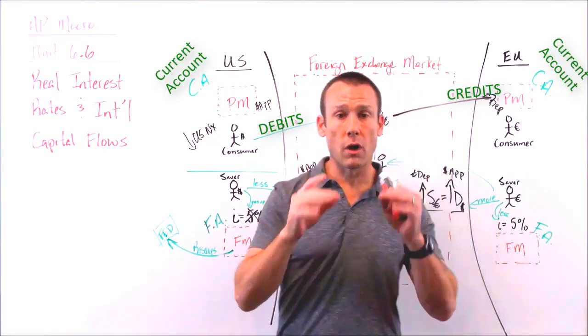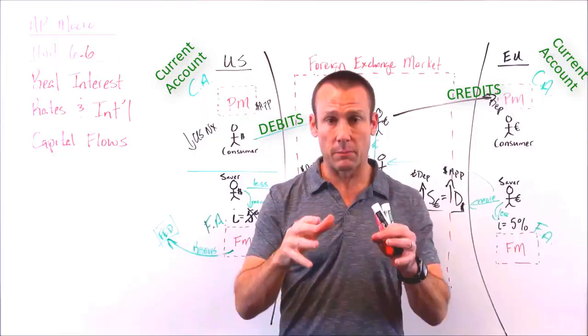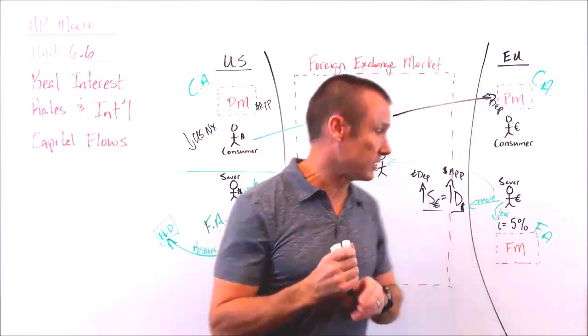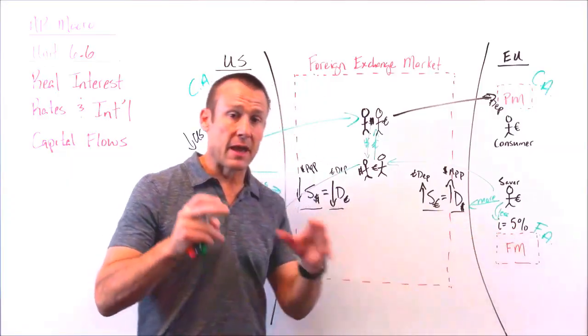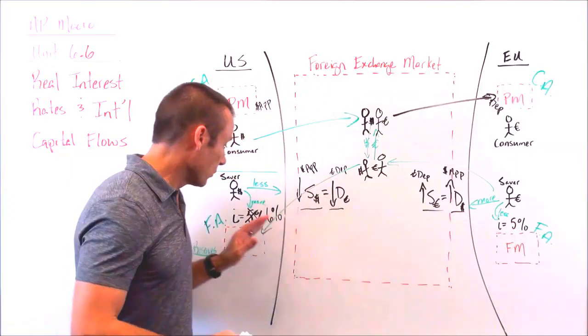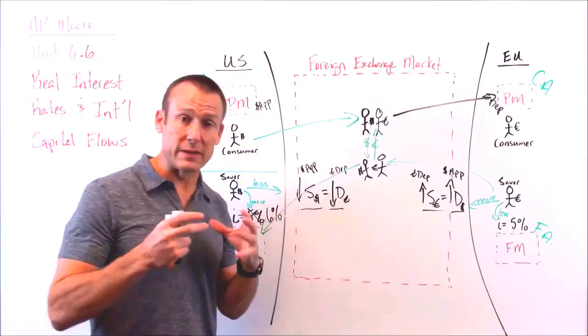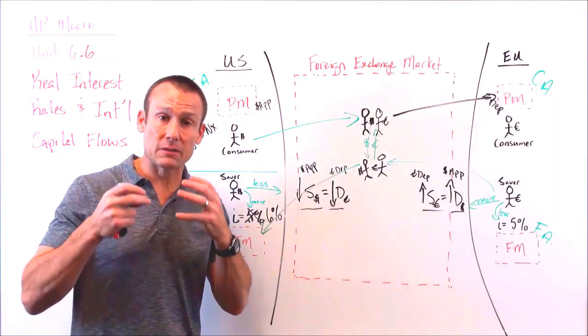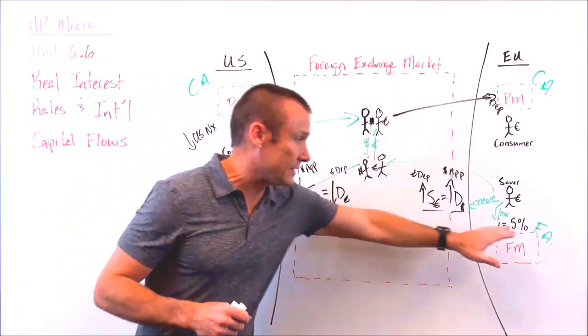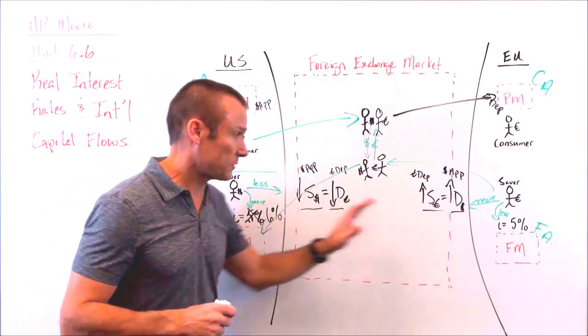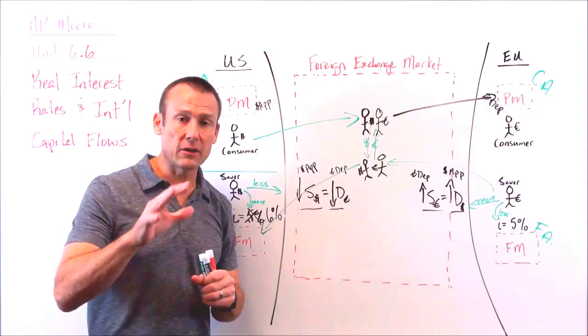Now, there's one last thing I want to talk about before we finish this video, and it's these interest rates. We were at 6% and 5%. I mean, actually, reverse the clock enough, we were at 5% and 5%. Then we did contractionary monetary policy in the United States, causing the interest rate in the US to go up. And you got this kind of disequilibrium, if you will, 6% and 5%. But now take a look at this.